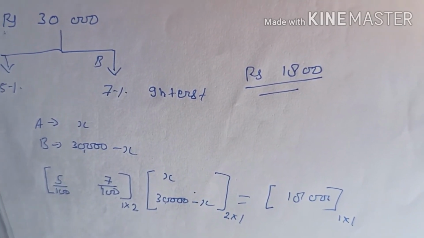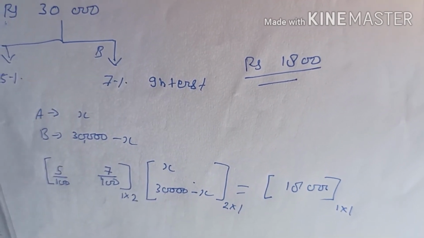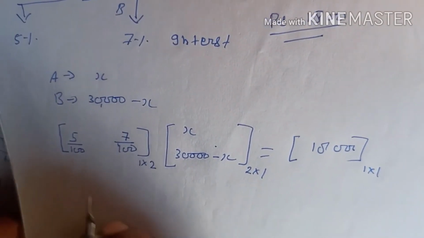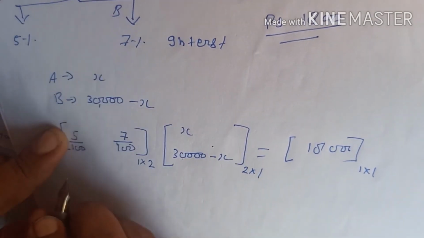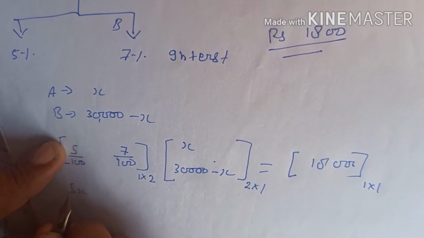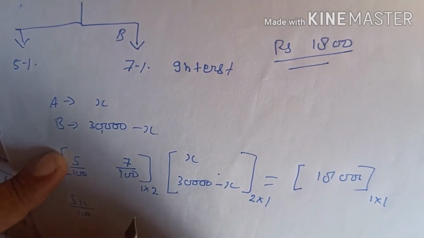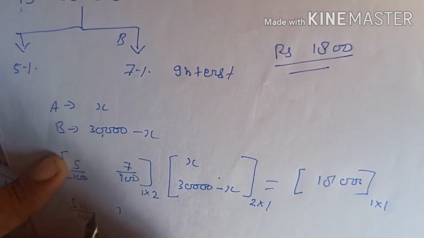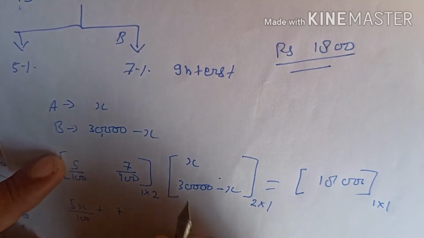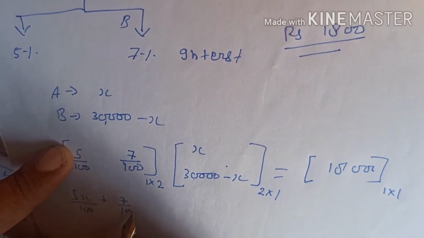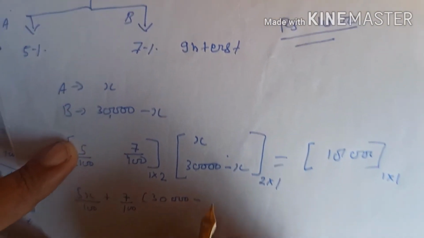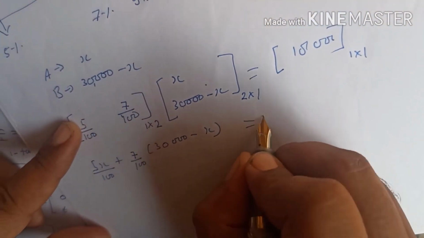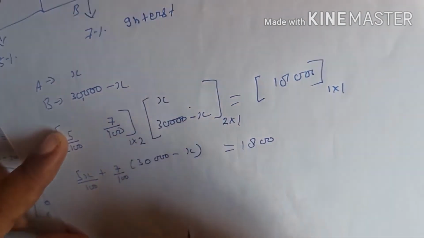Just multiply it. So it becomes 5x over 100 plus 7 over 100 times 30,000 minus x is equal to 1800.